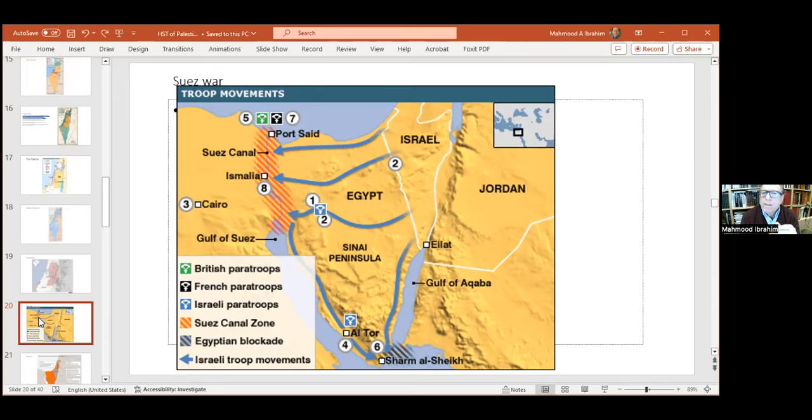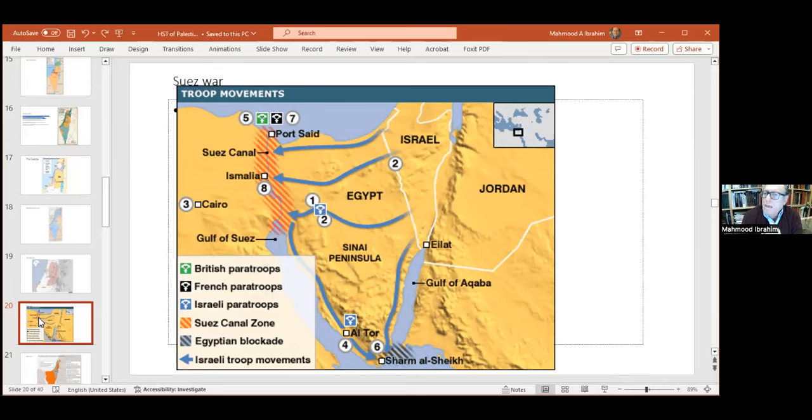But somehow the whole plan backfired on these powers, and despite the loss of human life, the Egyptians came out to be the victor, and Nasser, rather than being humbled and humiliated by this particular invasion, turned out to be a much more victorious figure than these powers had hoped that he would be.